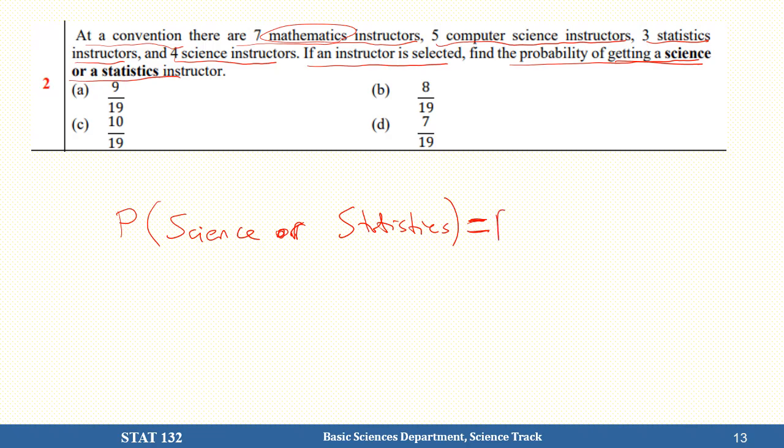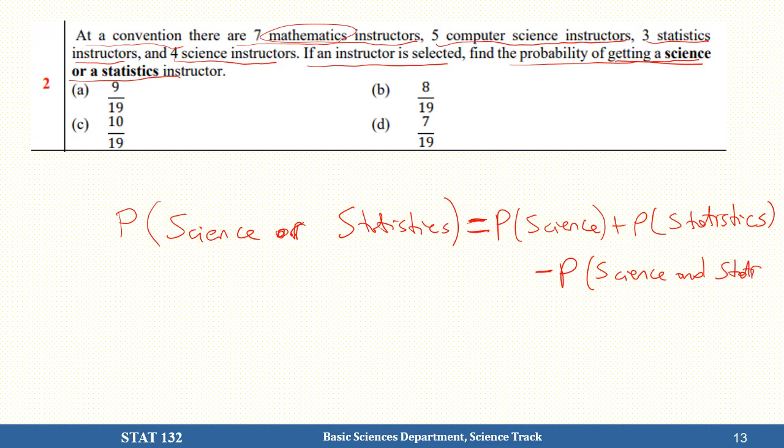If you look at the union, the OR, we have the addition rule. The rule is the probability of science plus the probability of statistics, minus the probability of science and statistics. Now, what is the probability of science?